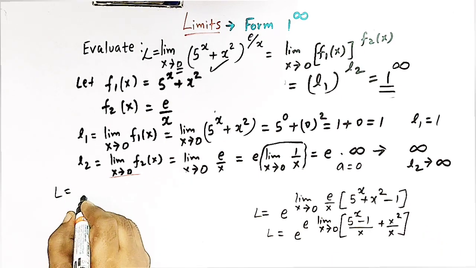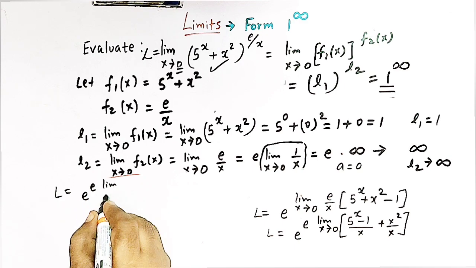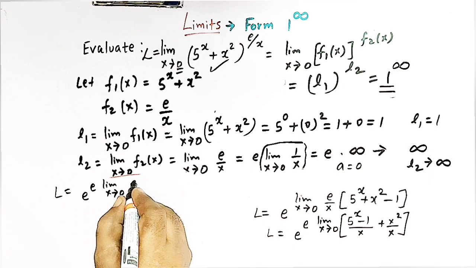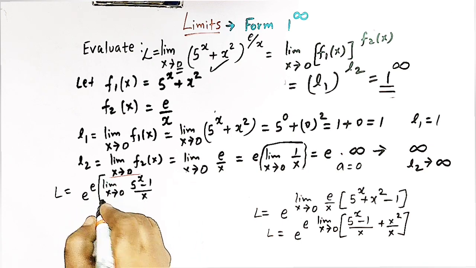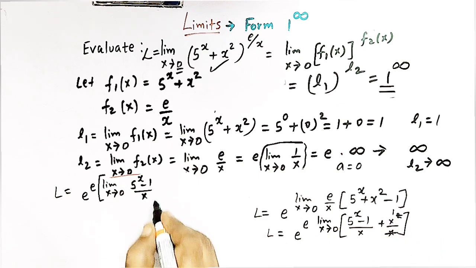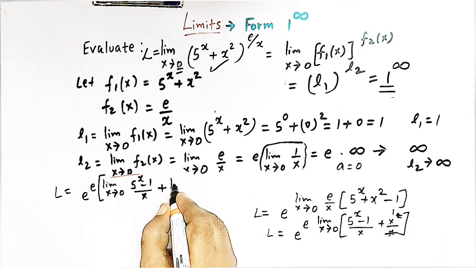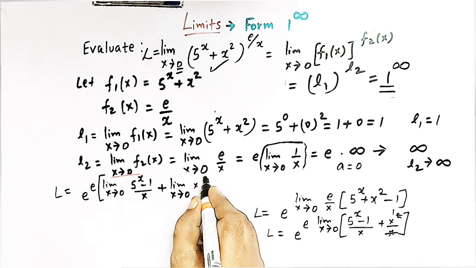So now we can write e raised to e times limit x tends to 0 of 5 raised to x minus 1 over x, where x and x get cancelled, plus limit x tends to 0 of simply x.